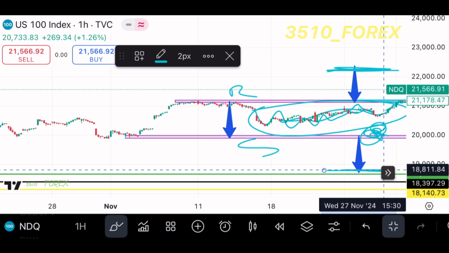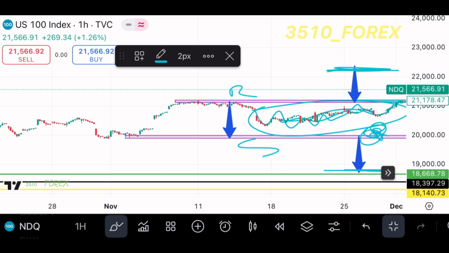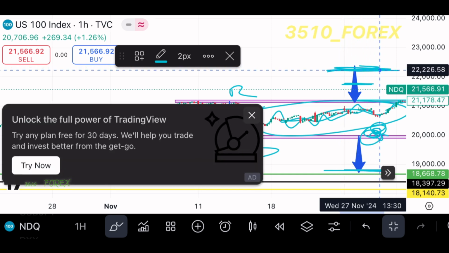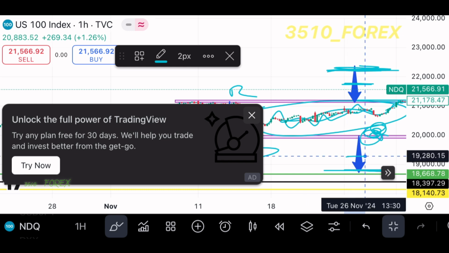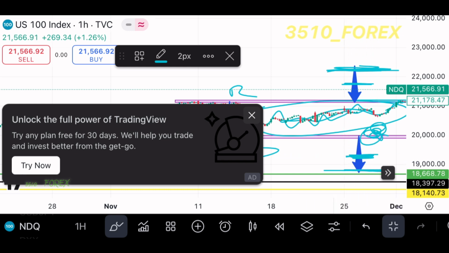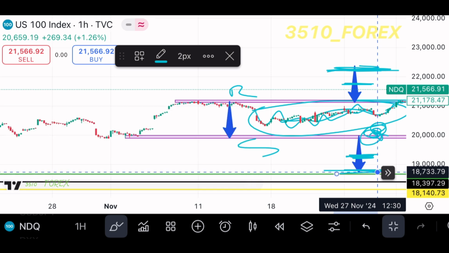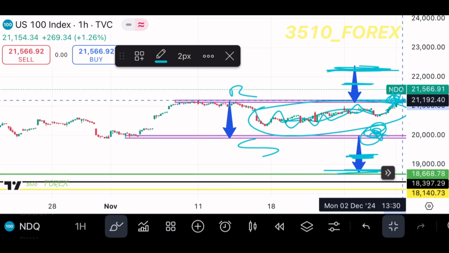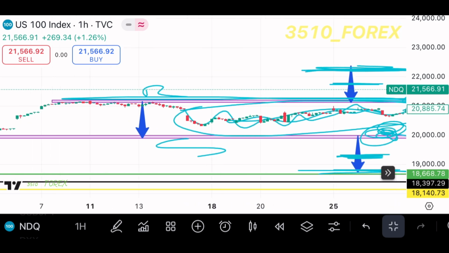But remember, I said you can use 50% of this price, which can be here, your TP1, and then your take profit 2. Then here again, it will be TP1 and then TP2. So in this case, our price did break here on our resistance level with a confirmation, of which this is our confirmation.